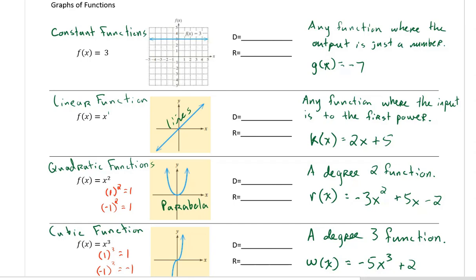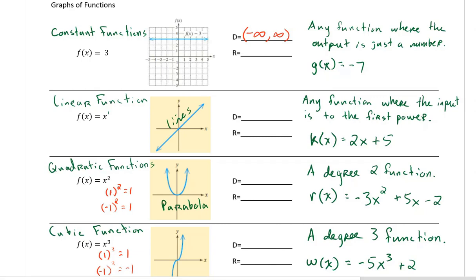So, for example, with the constant function, reading that left to right, we have an arrow on the left and an arrow on the right, which is going to give us a domain of -infinity to infinity, because we're reading that back to the x-axis. As far as the range goes, it's a little different because of the nature of a constant function.